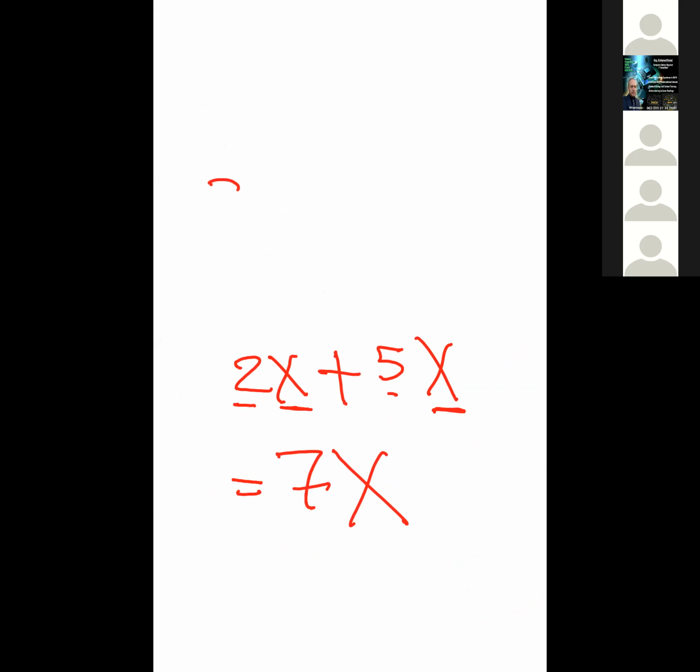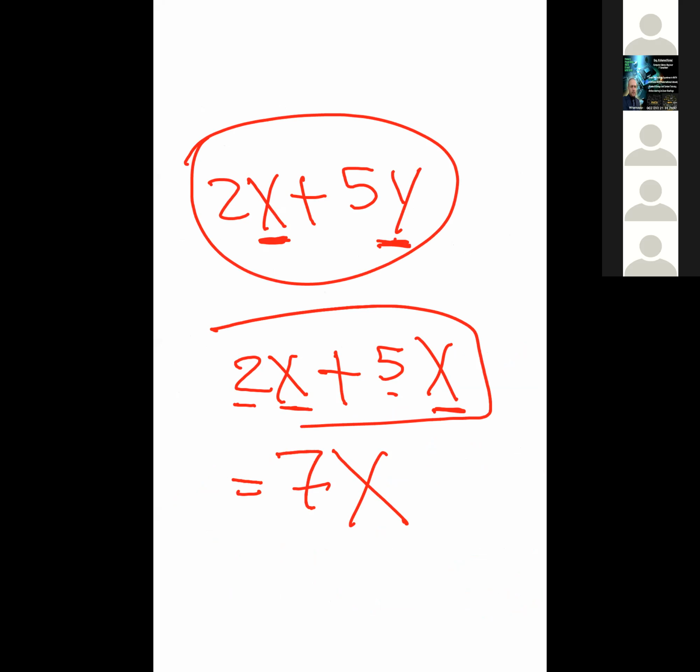But you can't add 2x plus 5y. Two different, or unlike, algebraic terms, so we can't add them. This will be the same, but this one we can add, of course. 2 plus 5, I'm going to add only the coefficients, so 2 plus 5 means 7. The x will be the same.